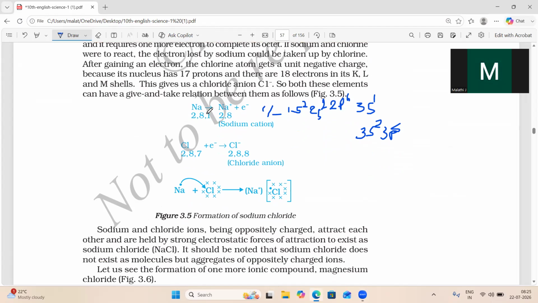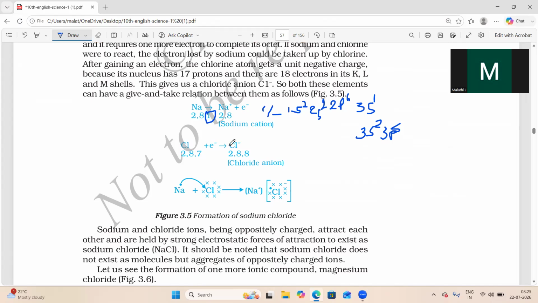It has one electron in the outermost shell, that is the valency electron, the number of electrons in the outermost shell. It is not stable. To become stable, to achieve the octet structure, it will leave one electron. It will donate one electron. So it will become Na plus, and the electron is minus. So here sodium has a positive charge.